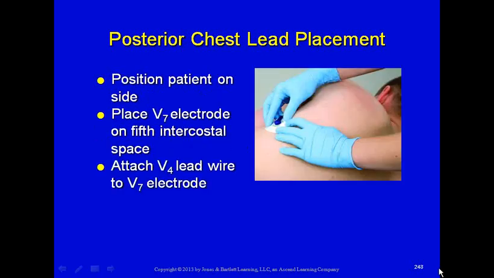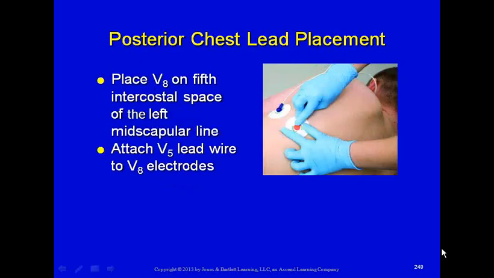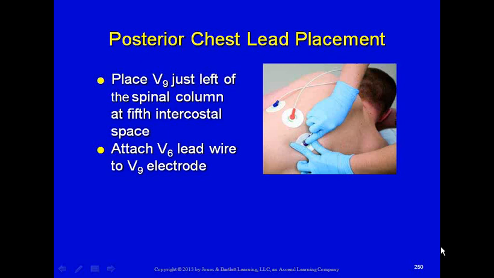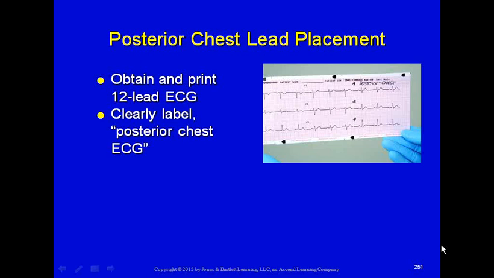So position the patient on their side, place the V7 electrode on the fifth intercostal space, attach the V4 lead wire to V7, V8, then move V5 on the front to V8 on the back, and then move V6 on the front to V9 on the back. And that would be a left posterior lead placement. And you mark that, posterior chest left.